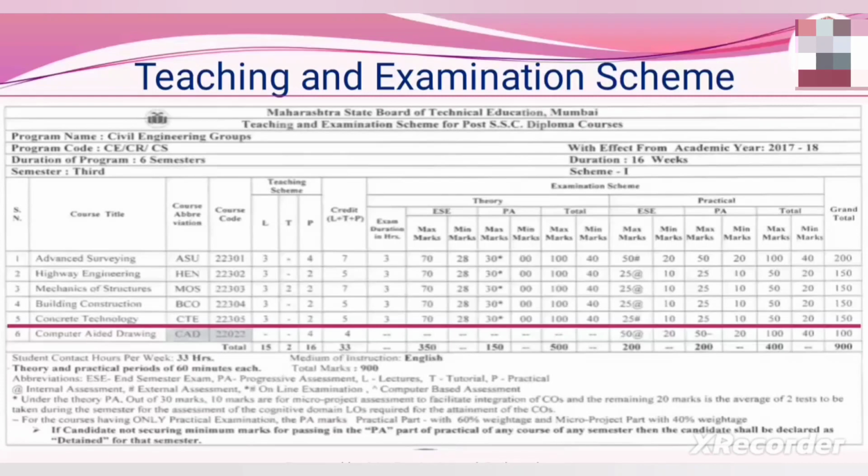Each practical consists of 25 marks. So total practical marks are 50. If we add both theory and practical marks, grand total becomes 150 for this particular course. And for the whole third semester, there are total 900 marks.